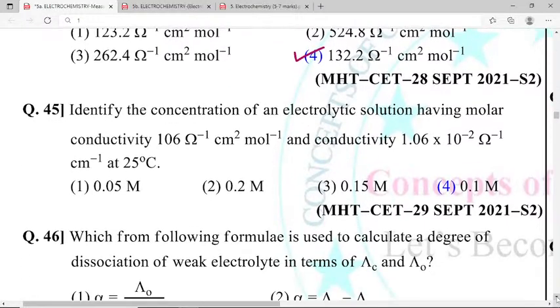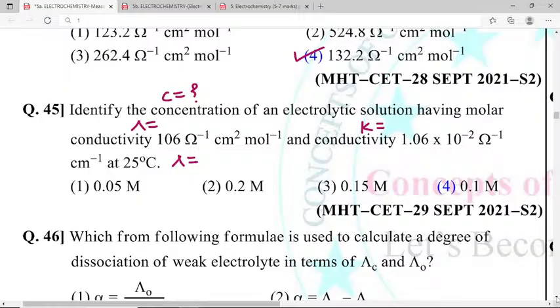Identify the concentration of the electrolytic solution. So concentration we have to calculate. Molar conductivity lambda is given, and conductivity K is also given. So what is the formula?